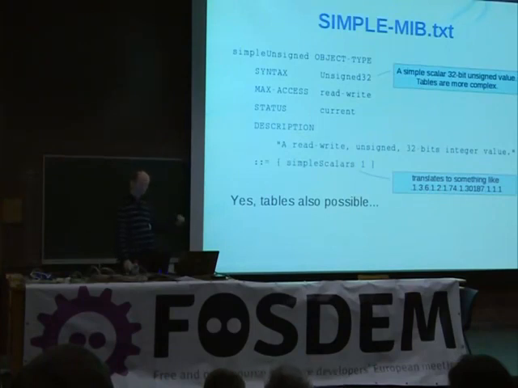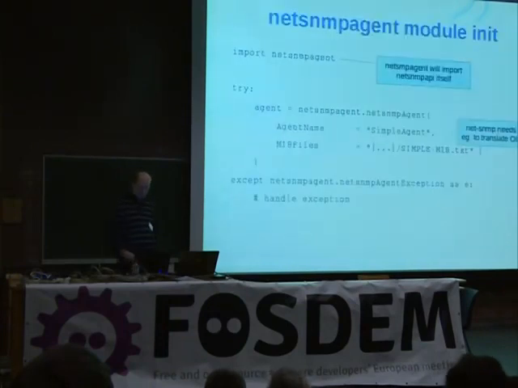And that's, of course, the intent of using my Python netsnmpagent module. So you write some Python code, you put an import statement in it, and you just import the one file with the classes, not the API calls. And you construct a new object of type netsnmpagent, which needs an agent name, which netsnmp requires internally.